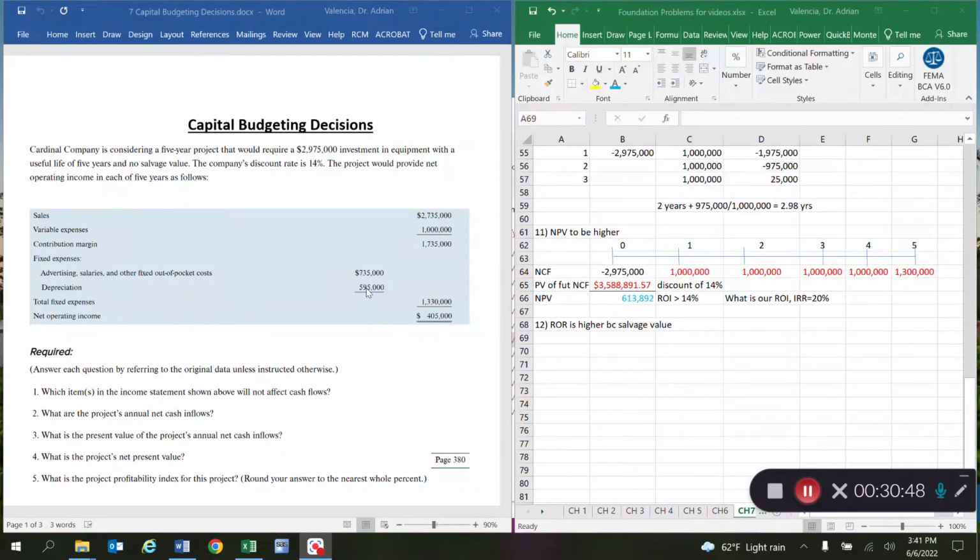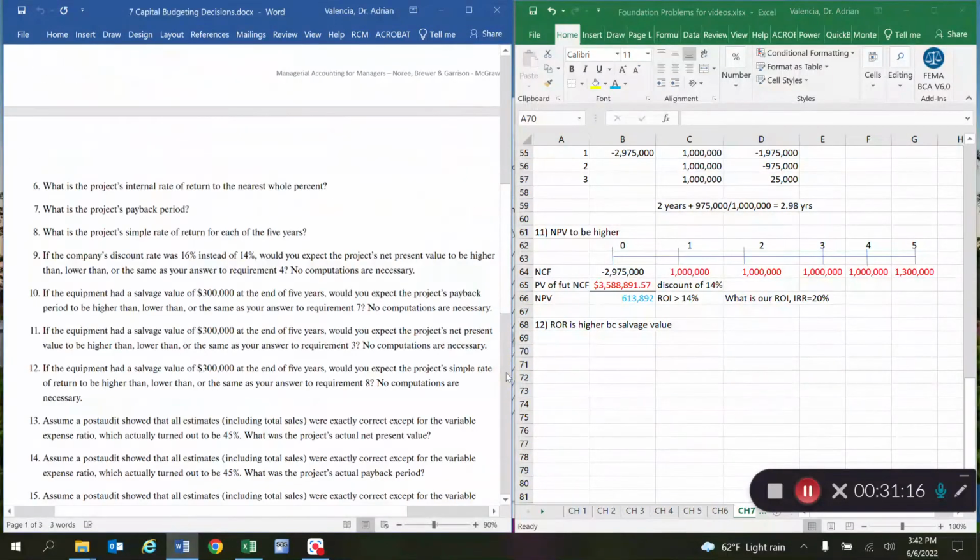But if you had a salvage value, you would have to get the 2.975, subtract out the salvage value of 300, and then divide by 5. That would result in a depreciation amount every year that would be smaller than 595, and hence why the rate of return would be higher. A smaller depreciation results in a higher operating income, which ultimately results in a higher rate of return. Okay?